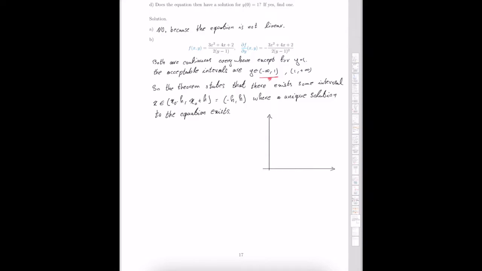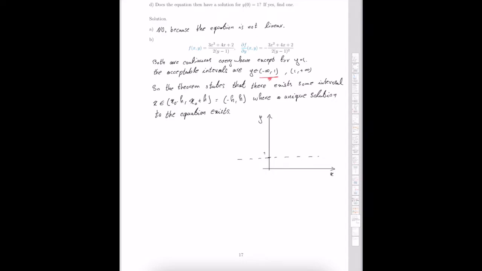Okay, so if I have x and y, I know that for y equal to 1, this is 1, I know that either on the upper part, or the part below, we have a continuous solution.